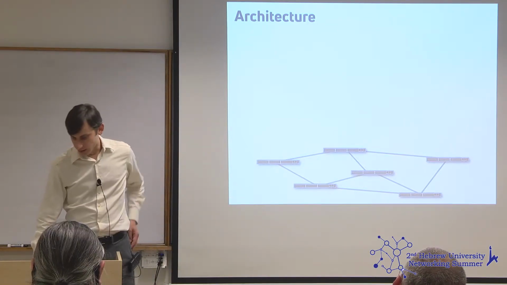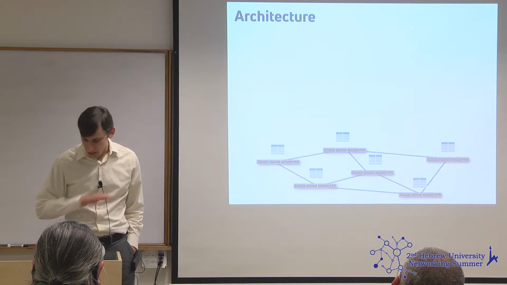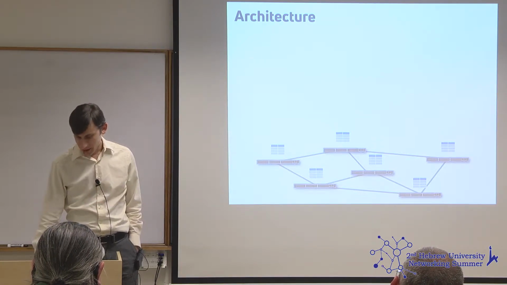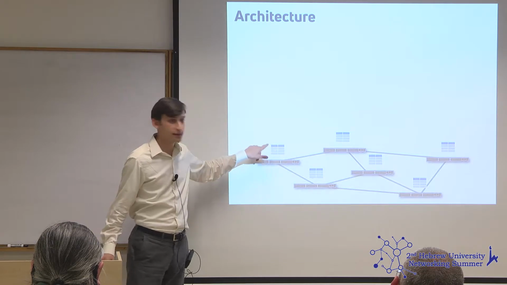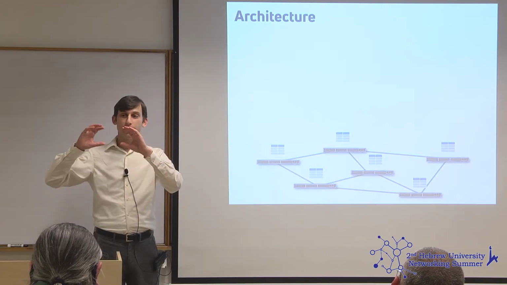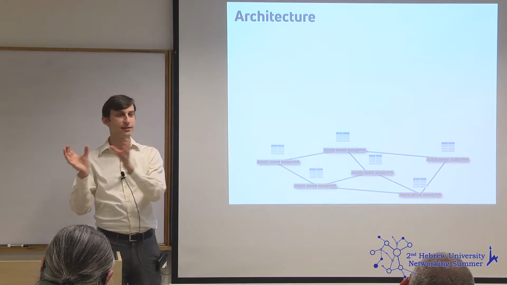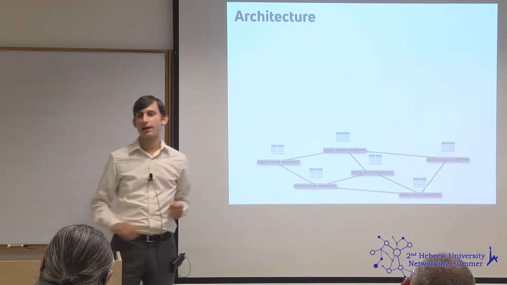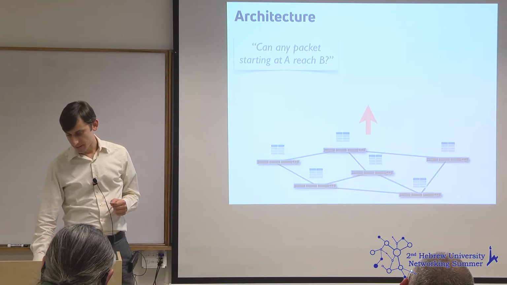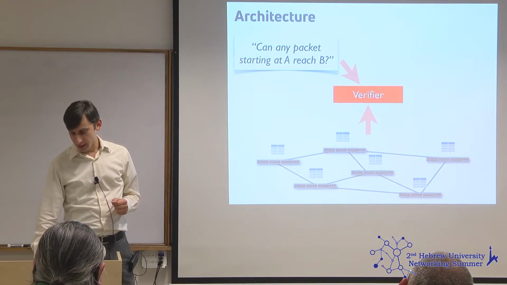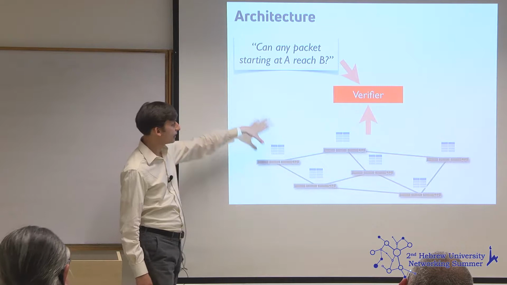Let's look at the architecture for how you do this. So we've got the network, the physical network, with the data plane state, which are basically these tables of, under these conditions, match the packet that has these header characteristics, and if it does, then perform this action. The verifier basically takes two inputs.